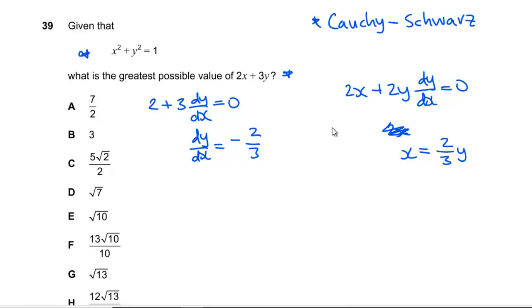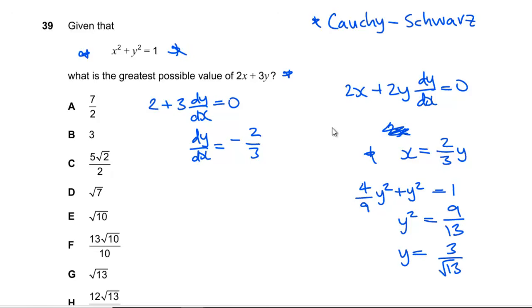I can put this back in and say, well, I've got 4/9 y squared plus y squared is equal to 1. So that means that y squared is going to be 9/13. So y is 3/√13, which means that x is going to be 2/√13.